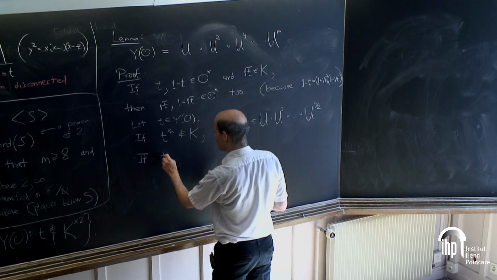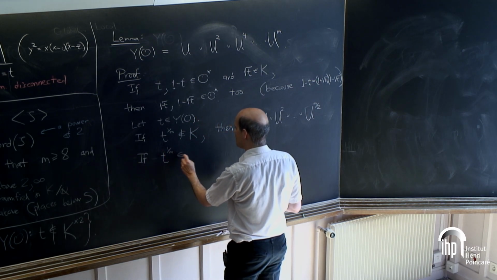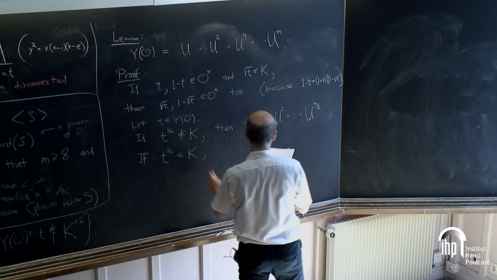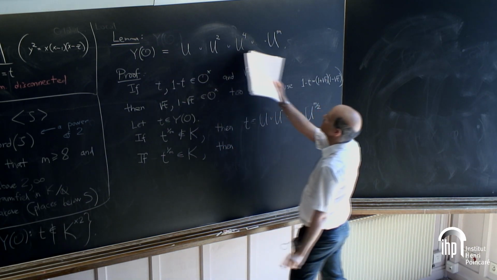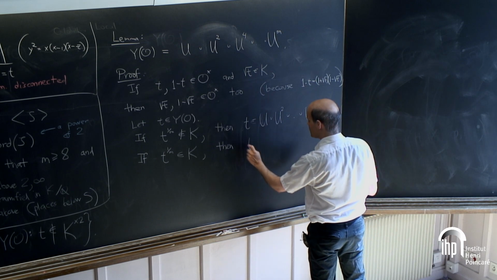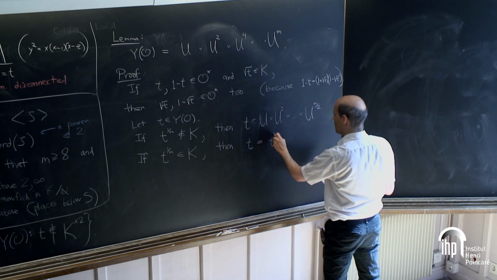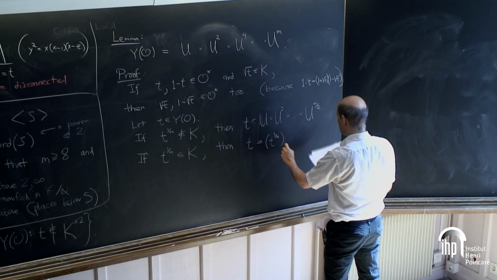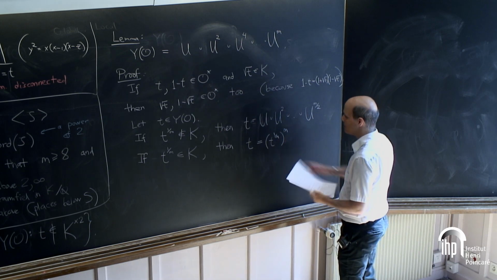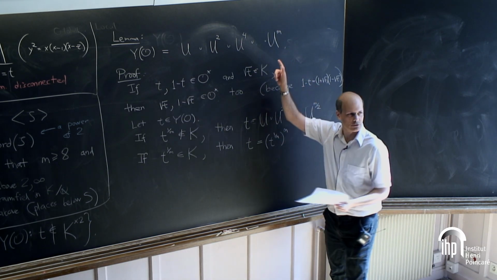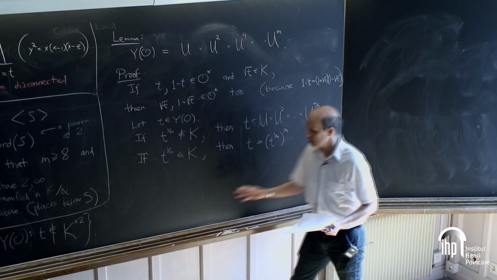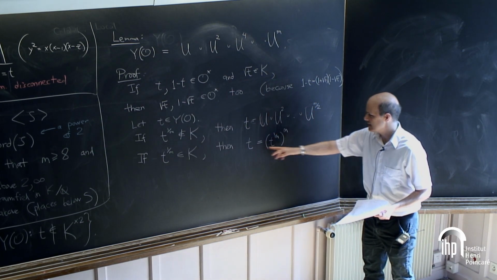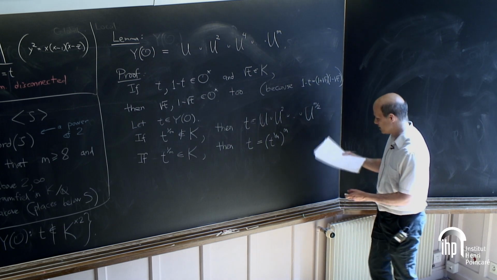Okay, but what if t does have an mth root, if t is an mth power? So we know that t is an mth power of something, but it's not clear that that's going to work, because this mth root might also be a square. And U is supposed to consist of only the non-squares. So what do you do if t is the mth power of something that is a square?